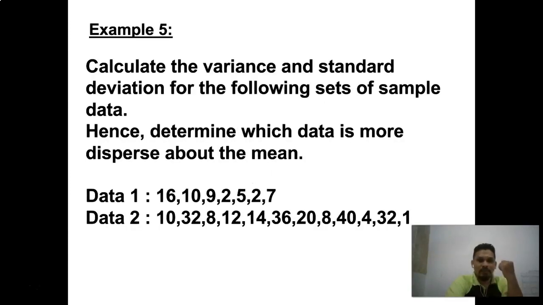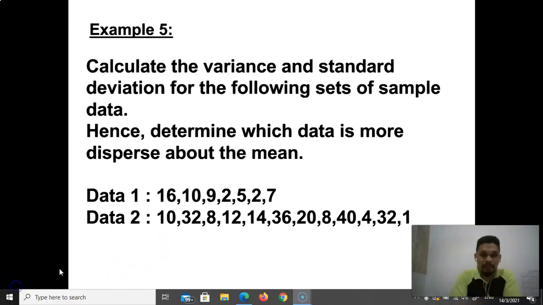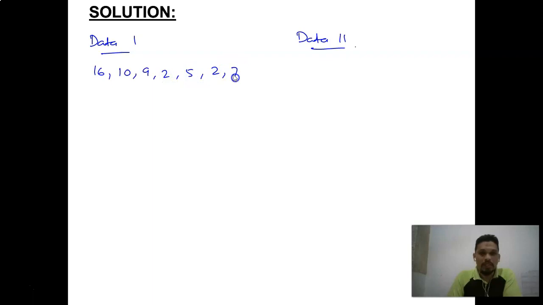Now given here, calculate the variance and standard deviation for the following set of samples. Let's say for data 1 and data 2. For data 1, we got 16, 10, 9, 2, 5, 2, and 7.